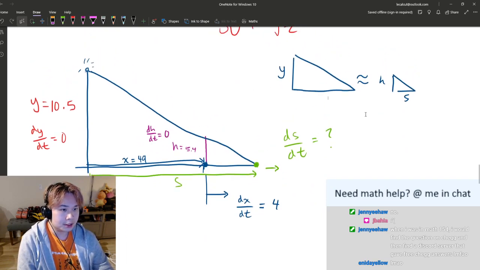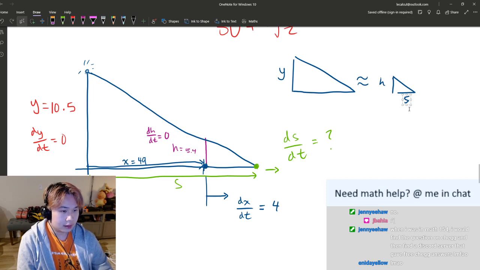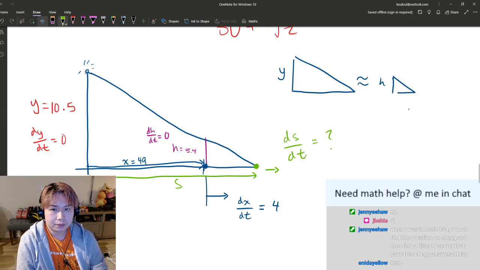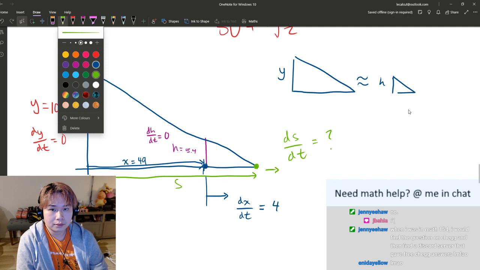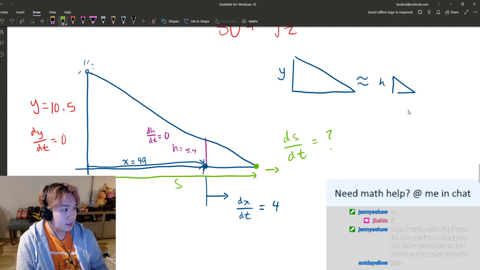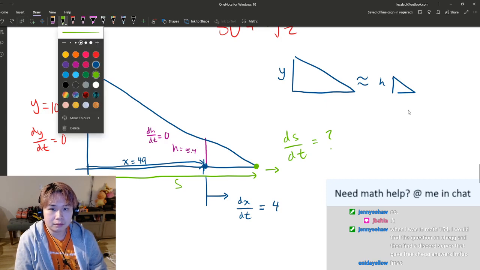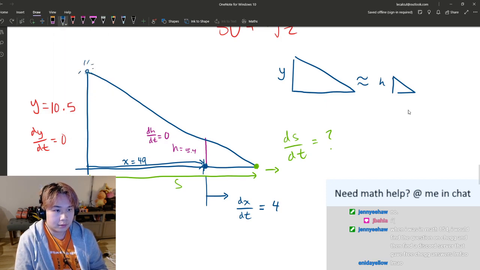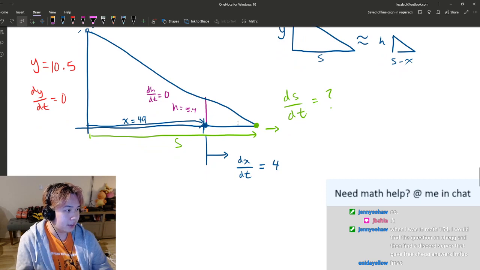So from our similar triangles then, this should be s here. And then the little length right here is s minus x. And this kind of makes sense, right? The speed that this is moving is basically the rate of change of the total distance, not this little piece. So this total thing.